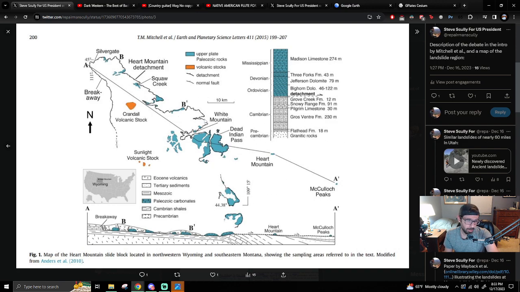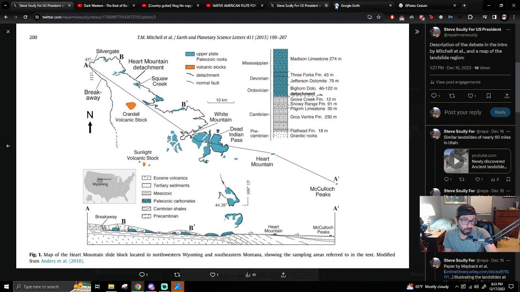So here's a map. Here's the detachment over here, the breakaway. This is where it came from. Heart Mountain detachment, I guess, came from over here. And then Heart Mountain's over here. It slid away down this slope, and then up a ramp area.